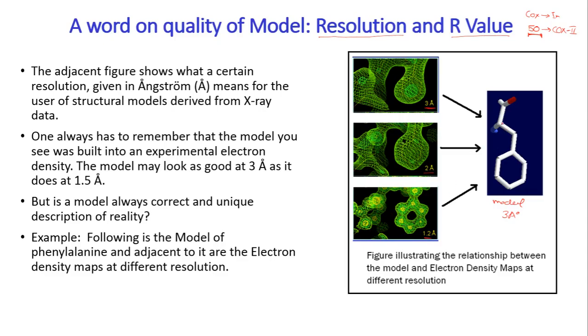Look, the model is the same, but this model has been created on different realities. Say, the model created on the basis of a 3 Angstrom resolution electron density map means this model has been created by fitting this particular residue into this electron density map.